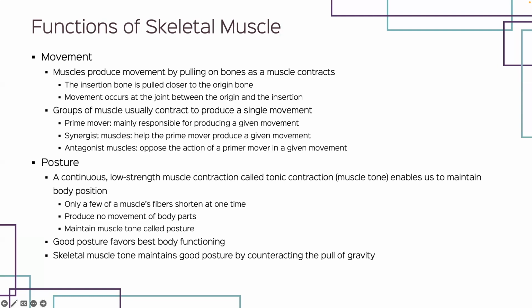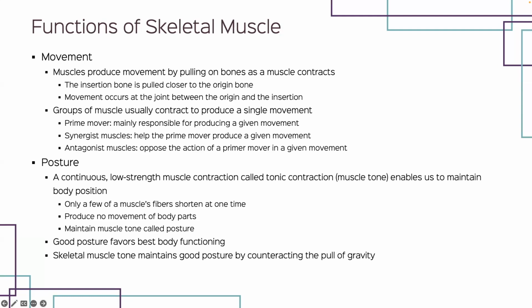We're able to maintain our body position because of a continuous low strength muscle contraction called muscle tone or tonic contraction. Because relatively few of a muscle's fibers shorten at one time in a tonic contraction, the muscle as a whole will not shorten and no movement will occur.